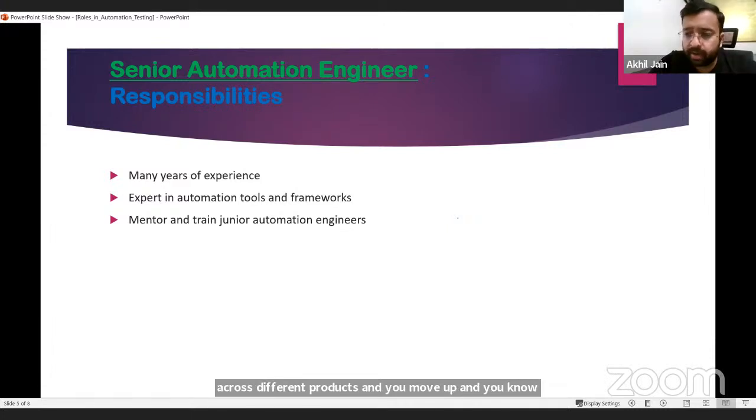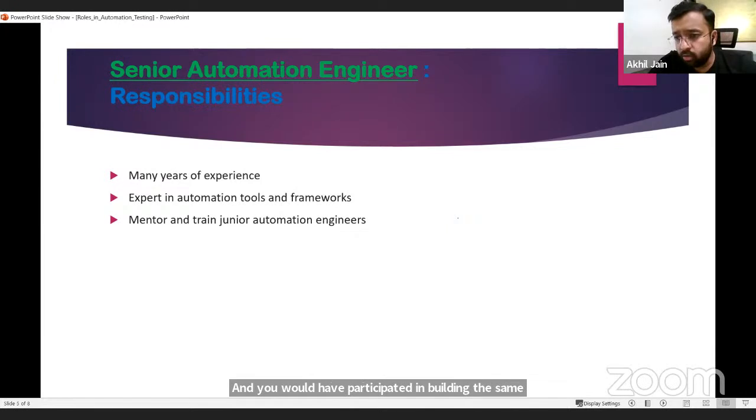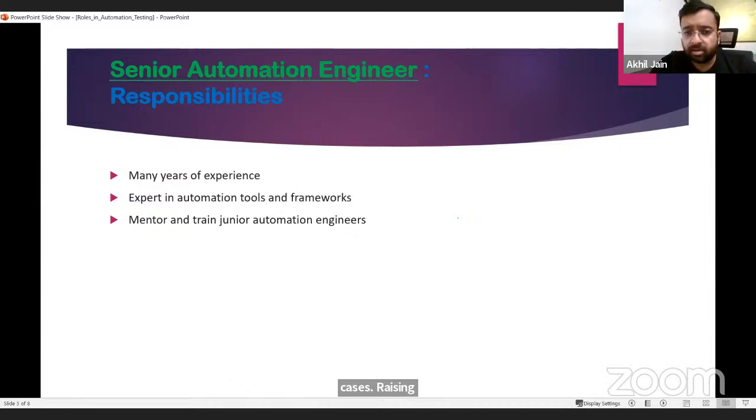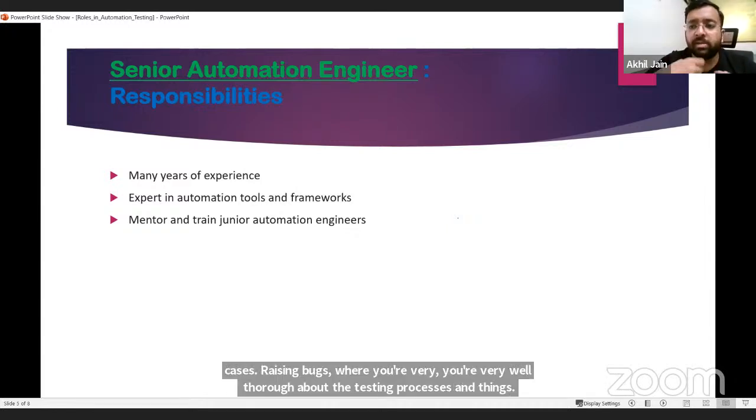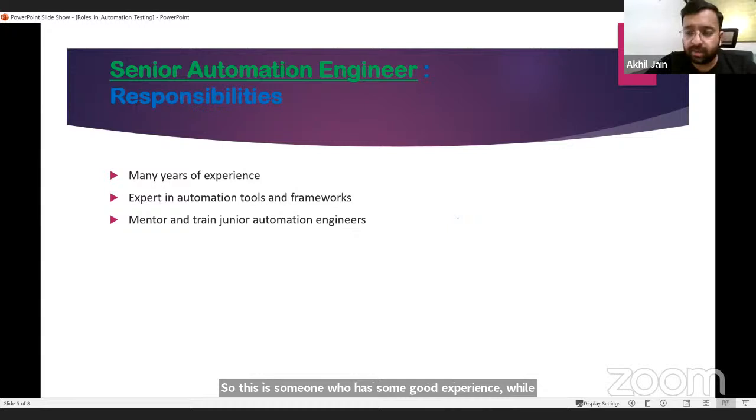You would have participated in building that framework or used it to do the automation, maybe adding more test cases, fixing some test cases, raising bugs. You're very thorough about the testing processes. So this is someone who has good experience in the industry, specifically on the tools expected to be used in the project.